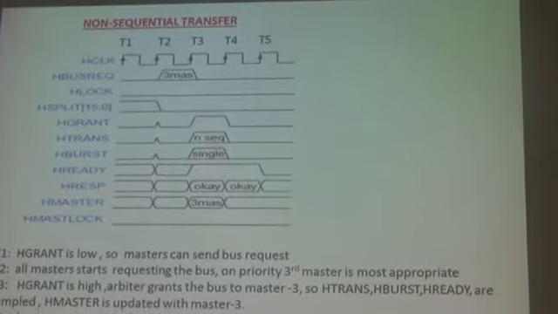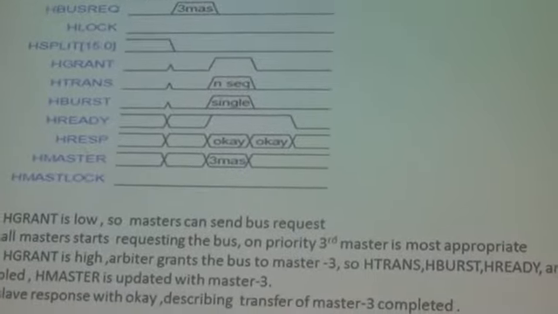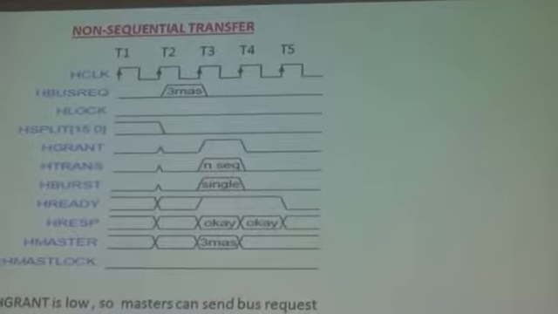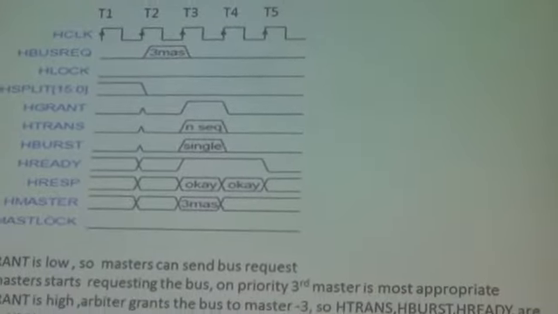If you look here, there are different signals: HLOCK, HBUSREQ, HSPLIT, HGRANT, HTRANS, HBURST, HRESP, HMASTLOCK. In these signals we have 5 clock cycles.